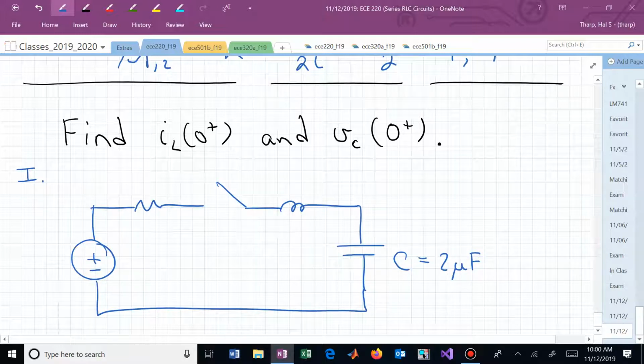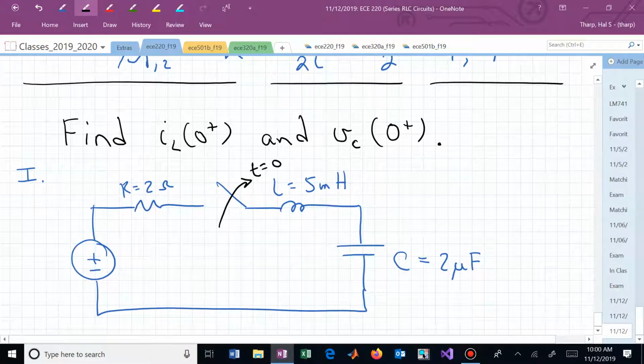This L is 5 millihenries. R is 2 ohms. And we'll say that this switch opens at 0, and we have a source that's constant of 10 volts. We're trying to now find the inductor current at time 0 plus and the capacitor voltage at time 0 plus.